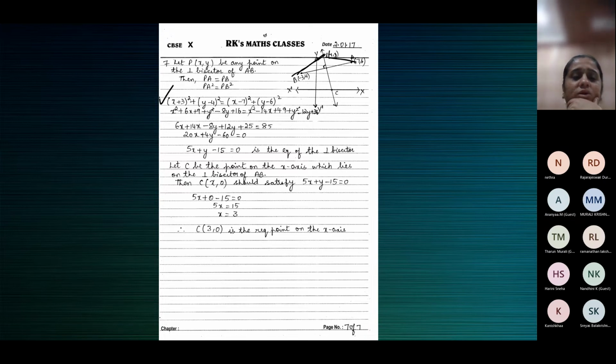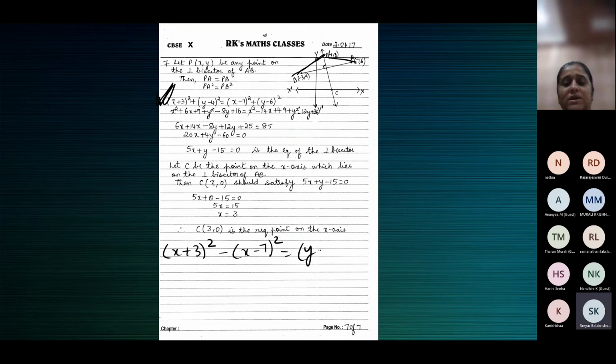Tell me, children, I told you how to work this equation in a different way, not by expanding like this. See here: (x plus 3) the whole square minus (x minus 7) the whole square is equal to (y minus 6) the whole square minus (y minus 4) the whole square.